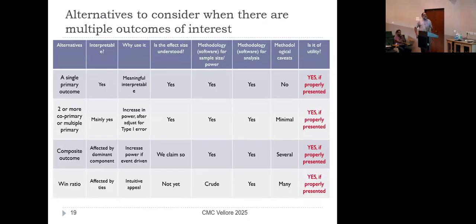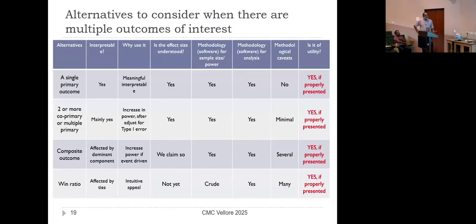You have tied data. This is meaningful, interpretable. This is done. Why do people do it? Because it increases power, if event driven. And this is because it's sort of intuitive. Is the effect size understood? Yes, yes. We claim so. This has not yet been understood.